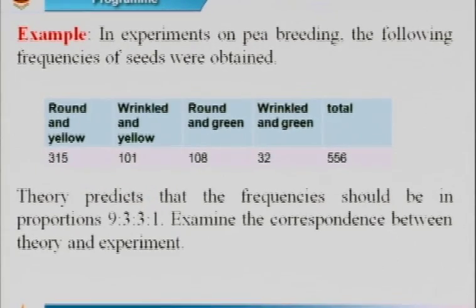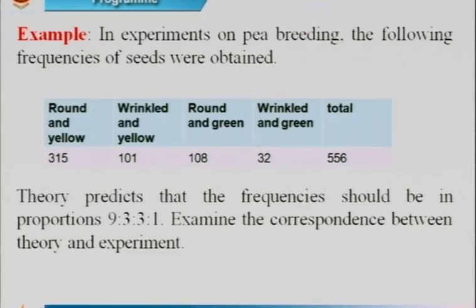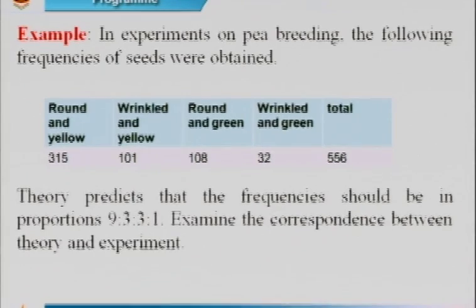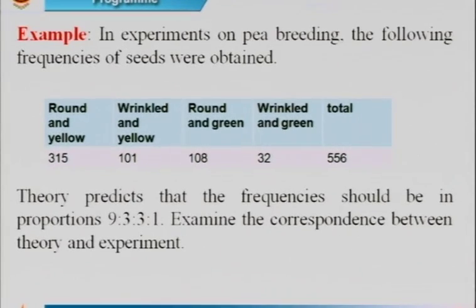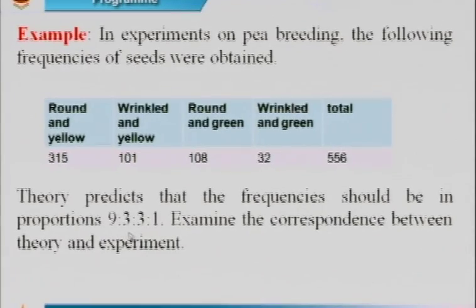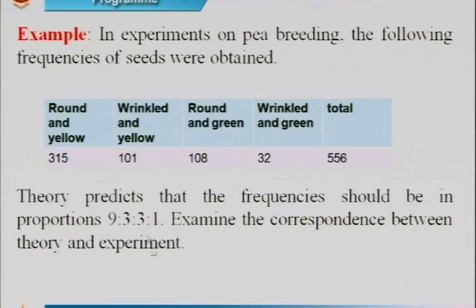This is a very popular example, and it is how this probability was invented and applied, using the Bayesian criteria, in Mendel's experiment with different types of garden pea seeds. What is the ratio given in that one? That is 9:3:3:1. This is a very important proportion which we have to follow according to this data.